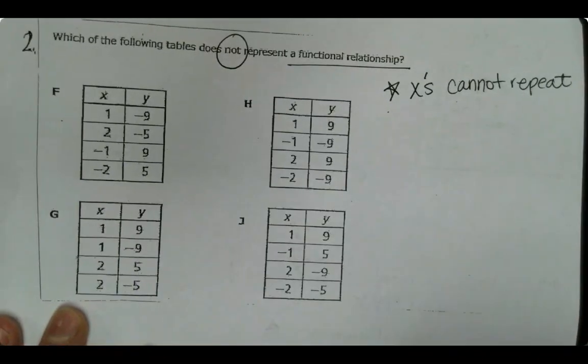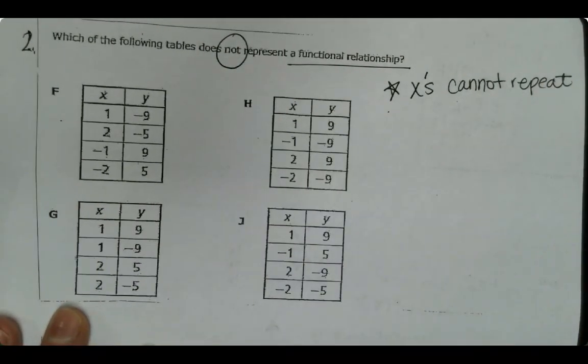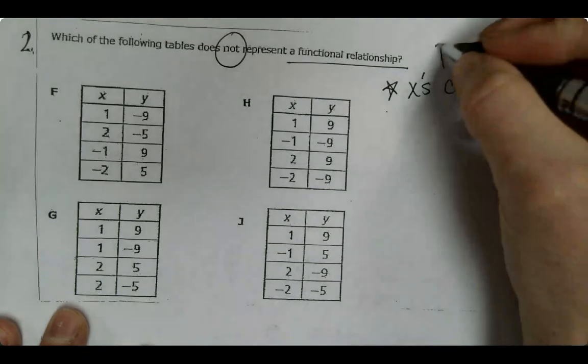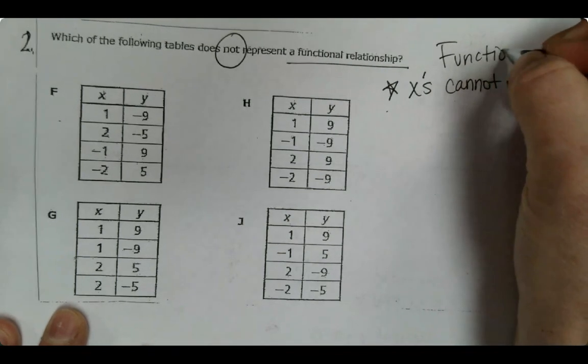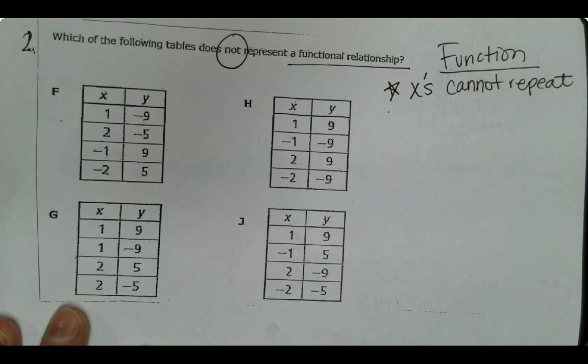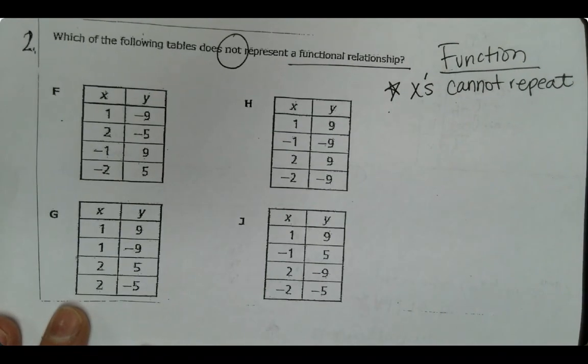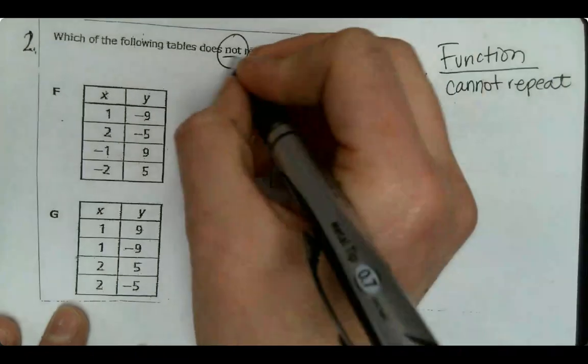So if it's not a function, then x's do repeat. To be a function, x's cannot repeat. So you look at all the answer choices and see which one is not a function.